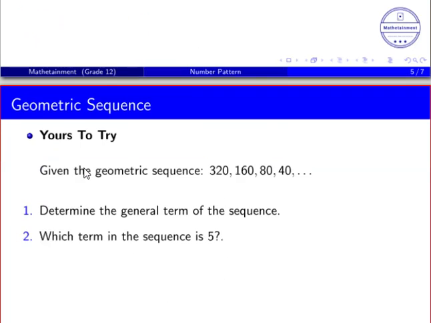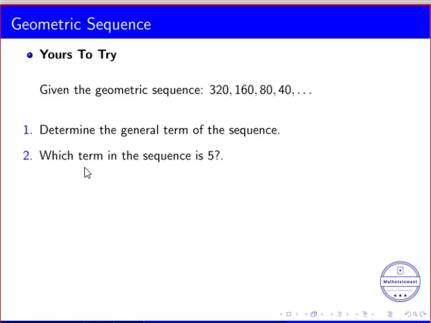Okay. You know that, guys, I can't leave you alone. I want to keep you practicing so that you can get used to what we've just done from my lesson. So yeah, this is just to try. You are given the geometric sequence. You are told that this sequence is a geometric sequence of 320, 160, 84, and 40 up to infinity.